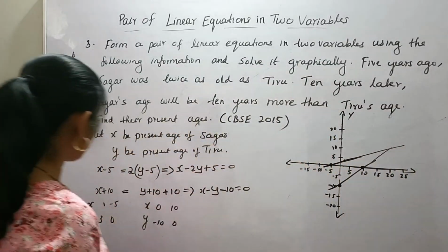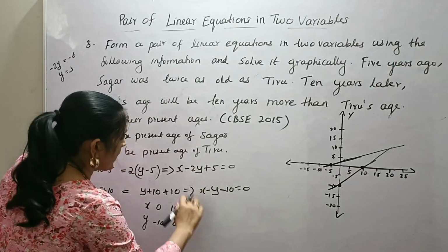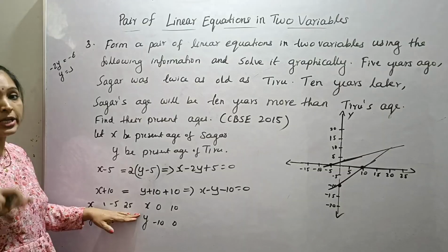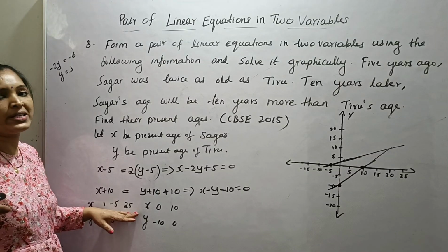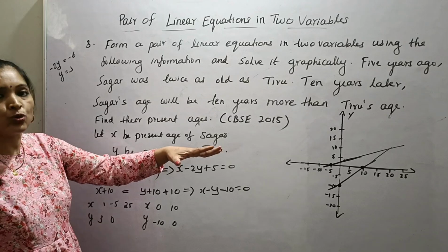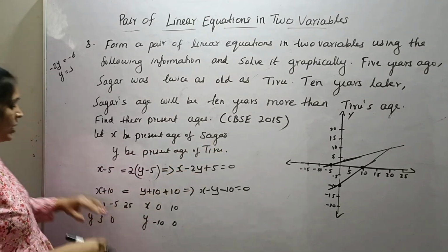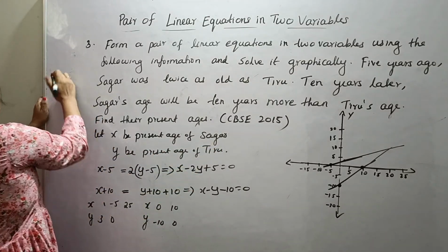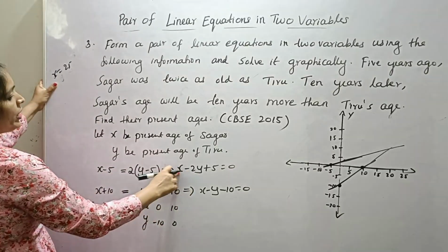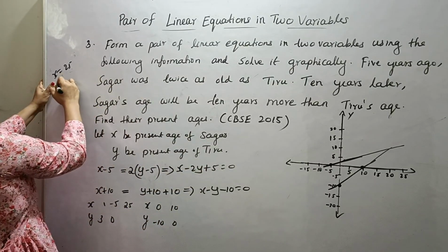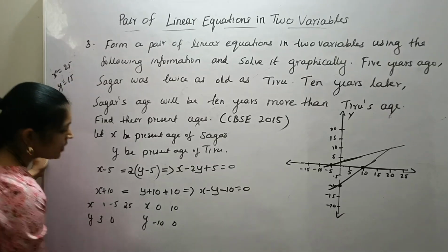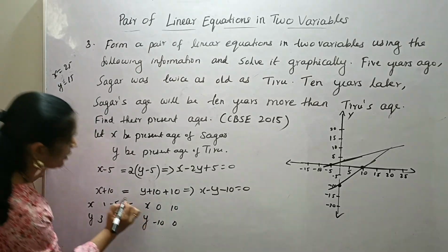Now for that, see here we will put x is equal to 25. Okay, in graph paper you can understand what is the value of x and value of y where the 2 lines intersect each other. So here put x is equal to 25. What will we get? For y here, 25 plus 5, 30. So 2y is equal to 30. So y is equal to 15.